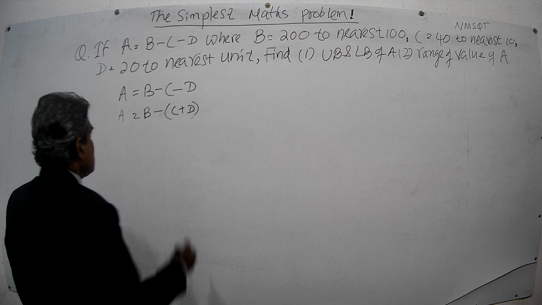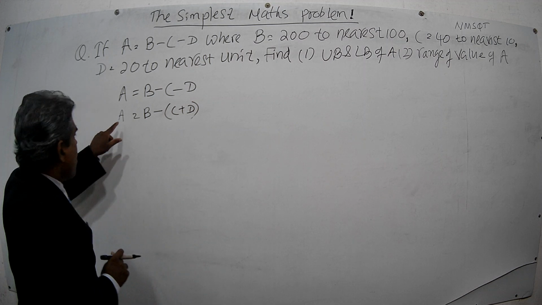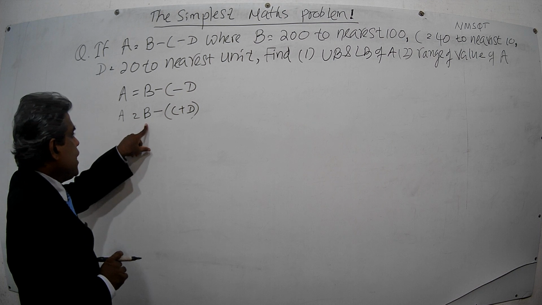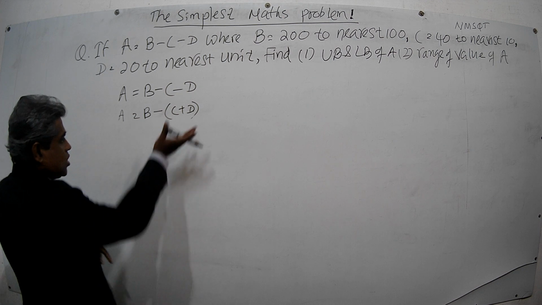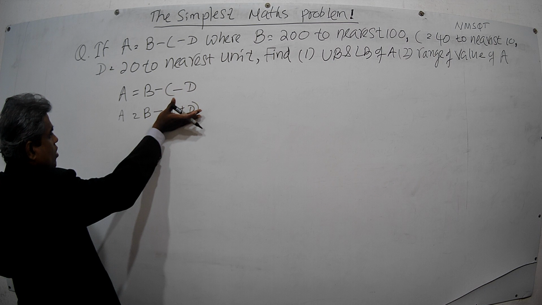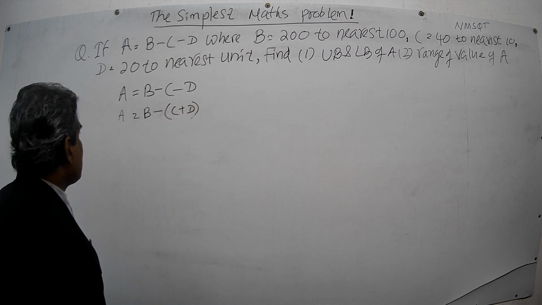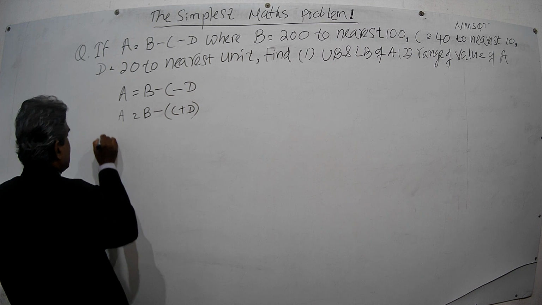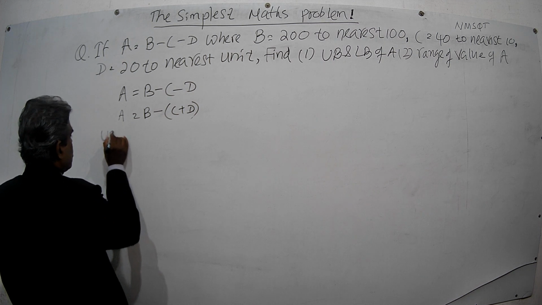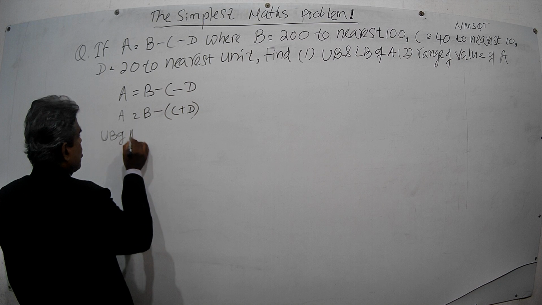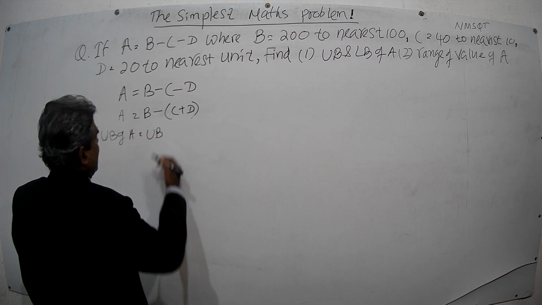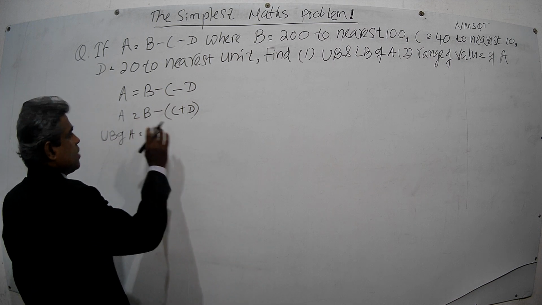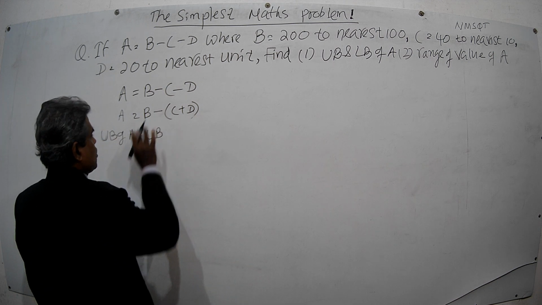Then we write this. To find the upper bound of A, we have to take upper bound of B minus lower bound of this whole thing, C plus D. Then we will write the equation for the upper bound of A. Upper bound of A equals the upper bound of the larger value, that is here B, because you deduct this from this, right?